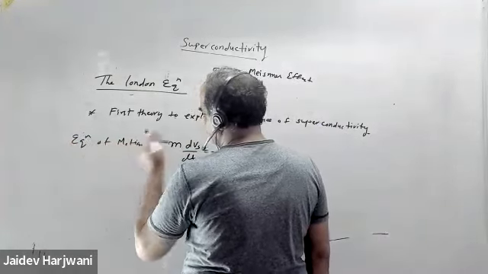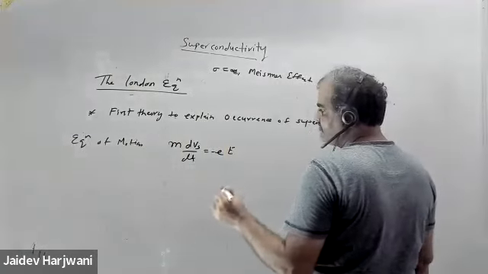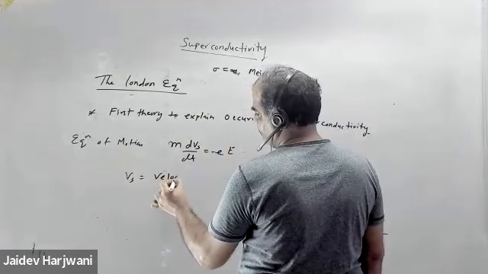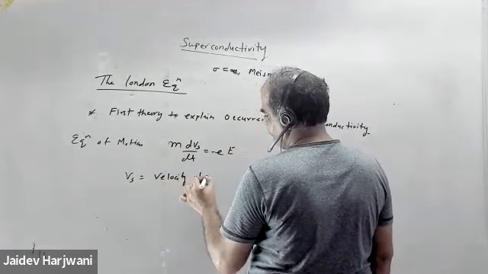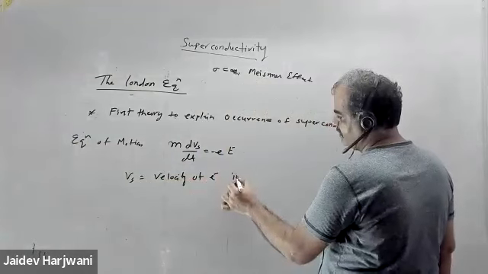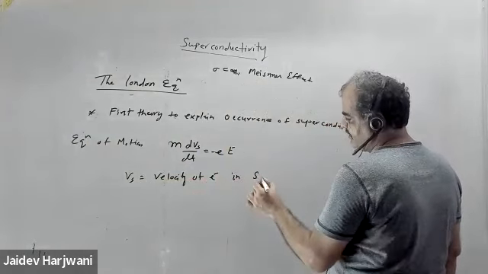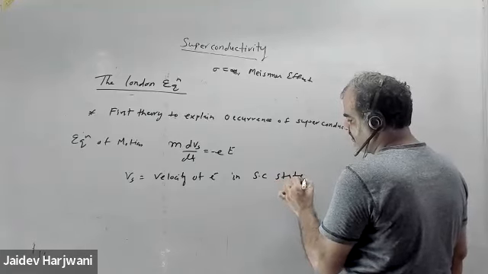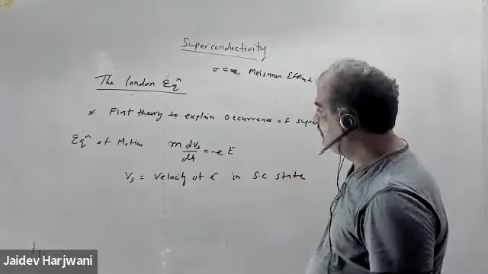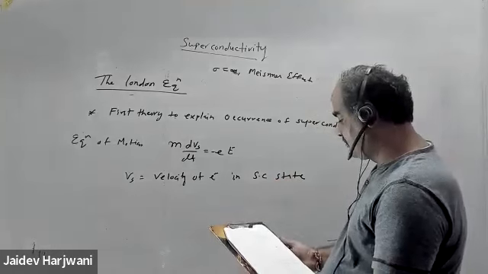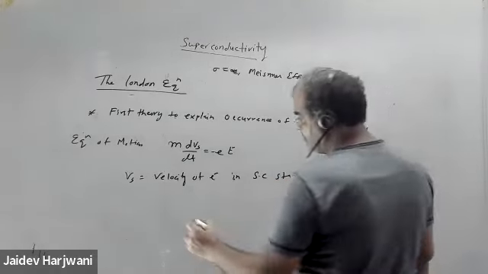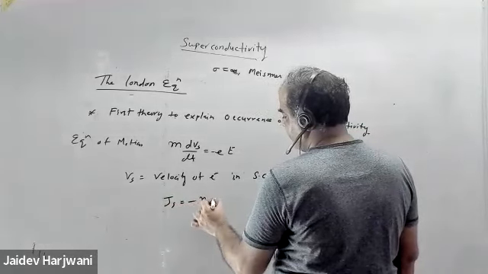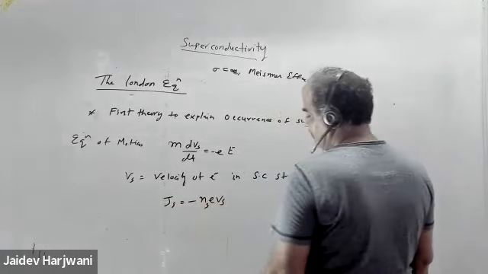Where Vs is the velocity of electron in superconducting state. Now I know that the current density Js can be written as minus NseVs.